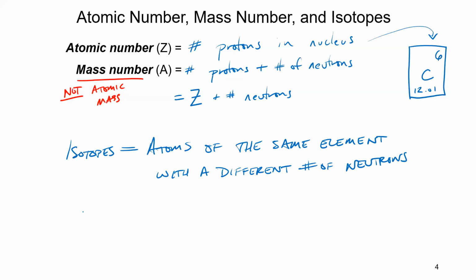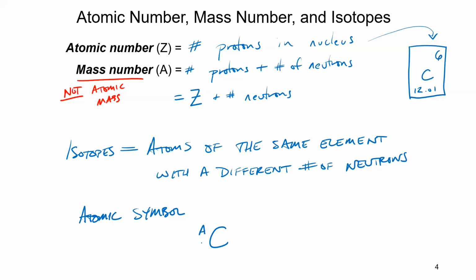When we write our atomic symbol, the chemical symbol goes in the middle, right? So that's our C for carbon. We write the mass number, A, in the upper left.